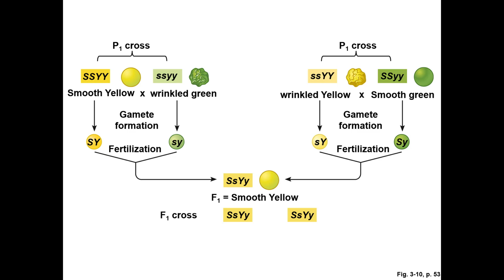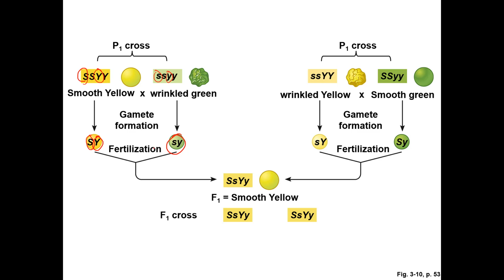If you notice here, from the smooth yellow, you have capital S and capital Y. So these are identical, so the only option you can get is capital S. And between the two Y's, if I'm only going to get one of these out, the only thing possible is a capital Y. Now here, again, you have a lowercase s and a lowercase y. That's all you can get out of this.